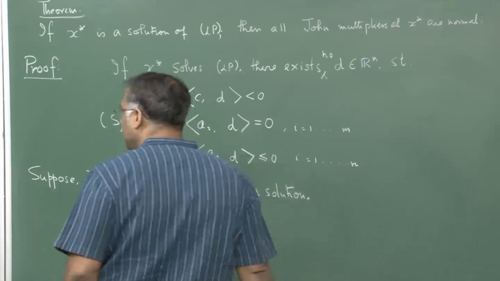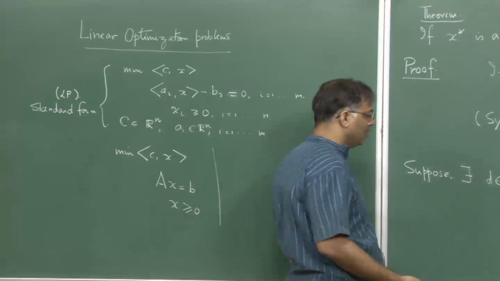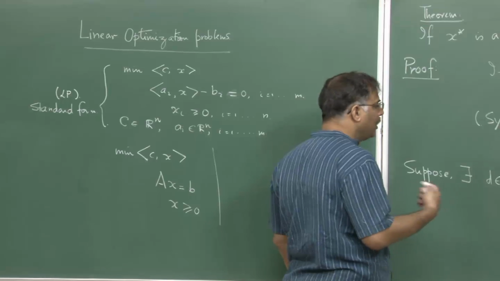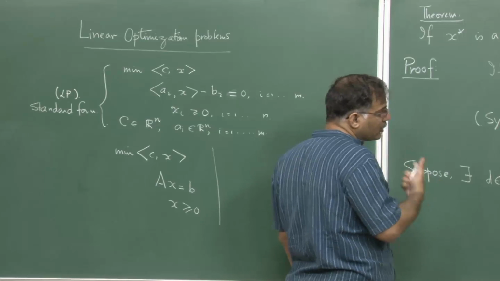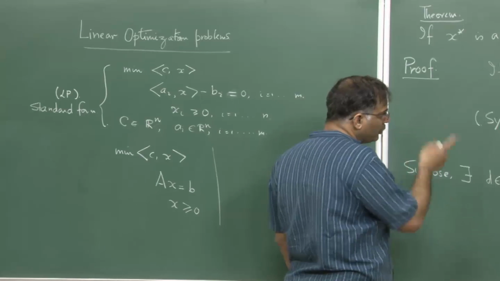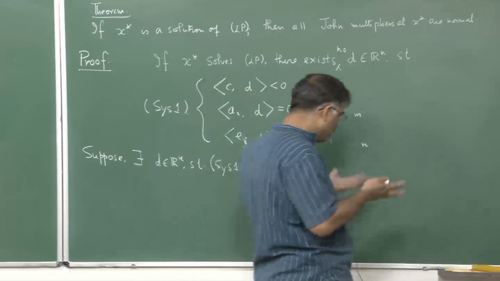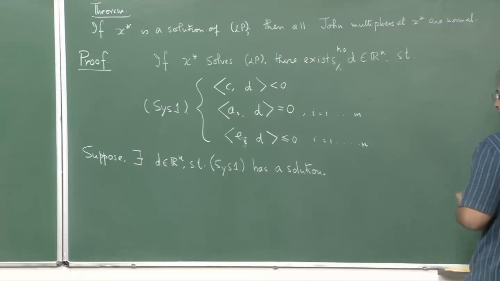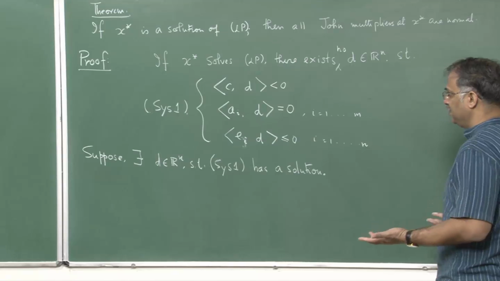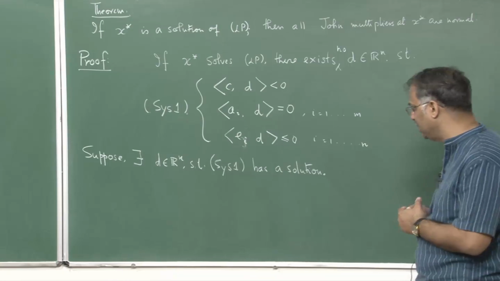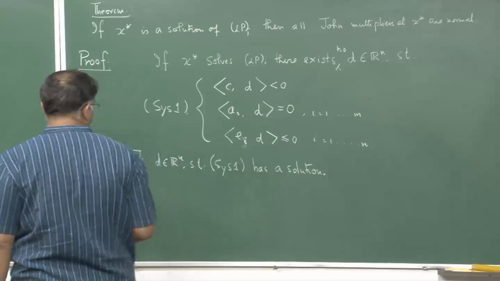So, now I will prove that x star plus lambda d, for some lambda strictly greater than 0, will be a feasible solution to the original linear programming problem, and it would be a solution where the objective value would be strictly lower than the current objective value c of x star, which is the optimal objective value, and that cannot happen. It is exactly the same way that we proved there, we will show this. So, let us see how we do it.